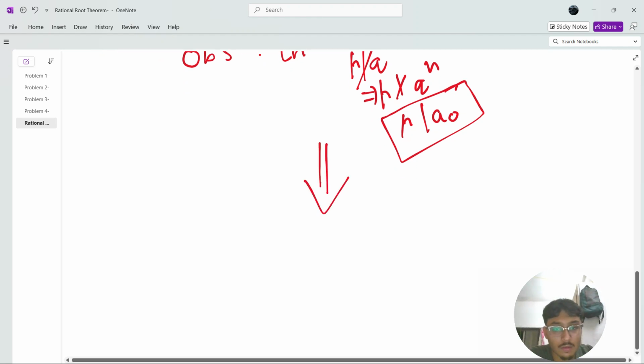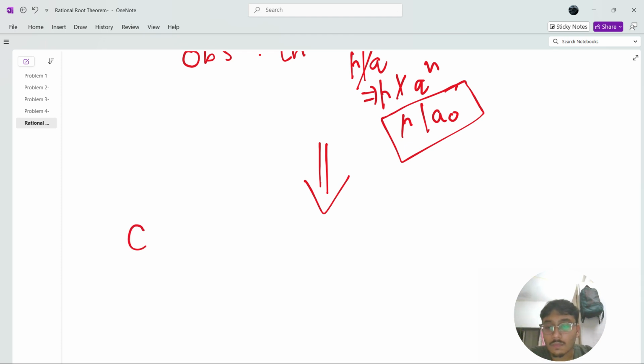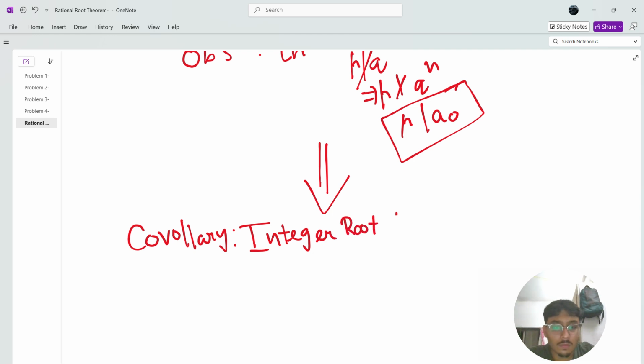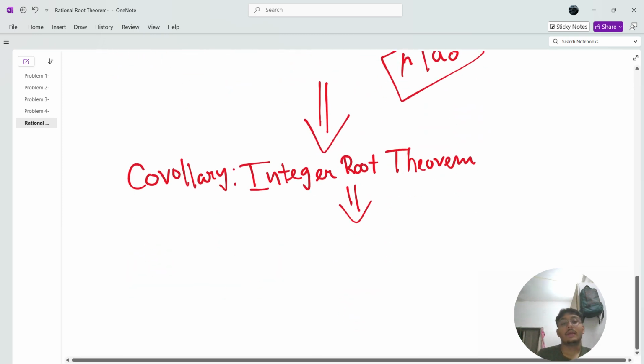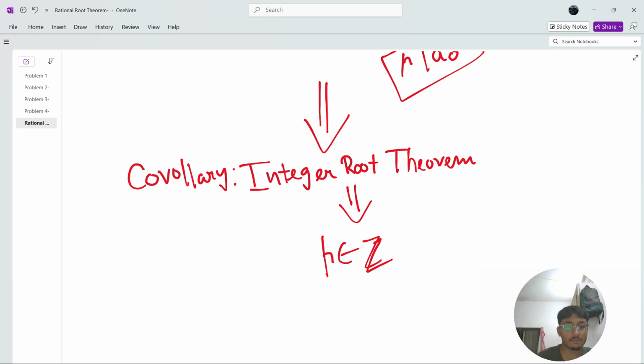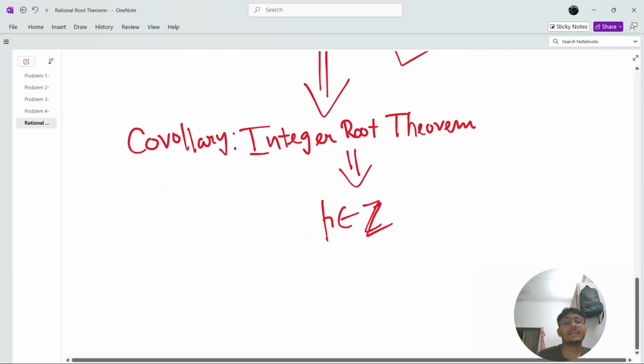From here comes the corollary, that is the integer root theorem, which tells me that if the term q is not there, that is my denominator is not there, if we have only p, then p is always going to belong to the integers, and p must divide the constant term.